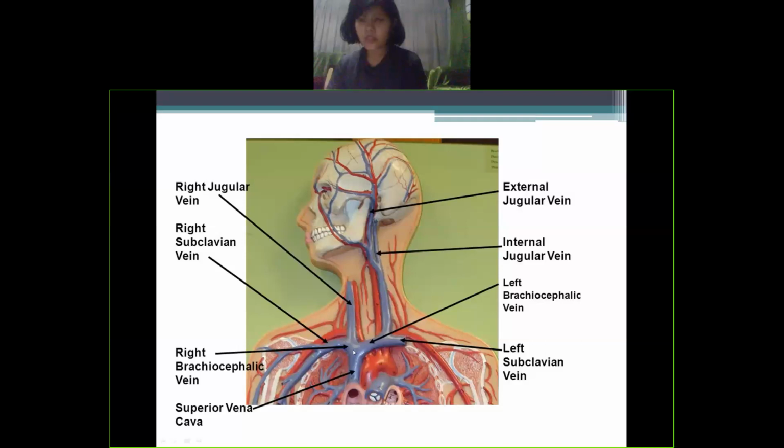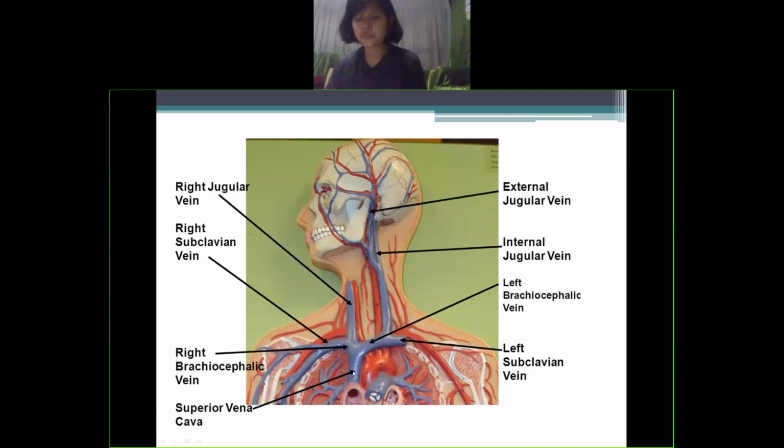They are formed by the internal jugular vein and subclavian vein. And these brachiocephalic veins, the right and the left, form the superior vena cava. This one is the superior vena cava.